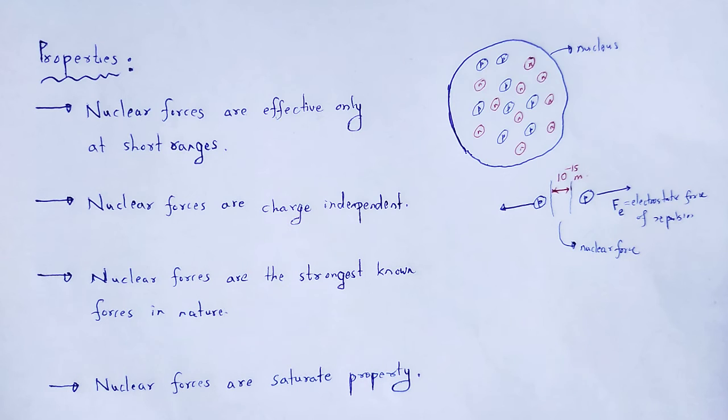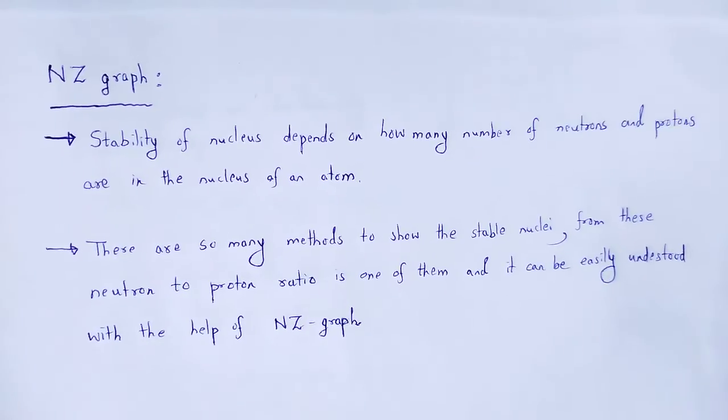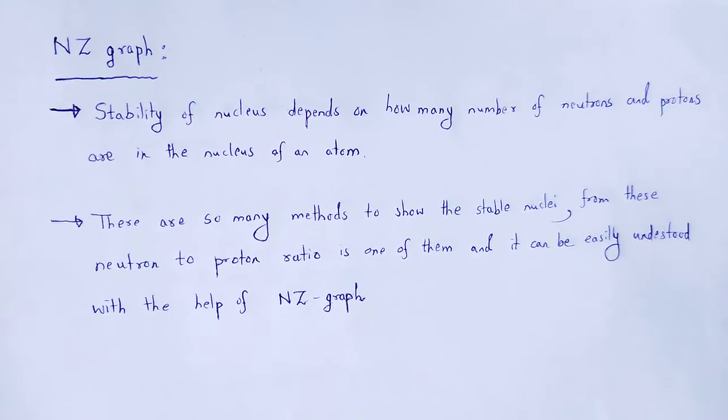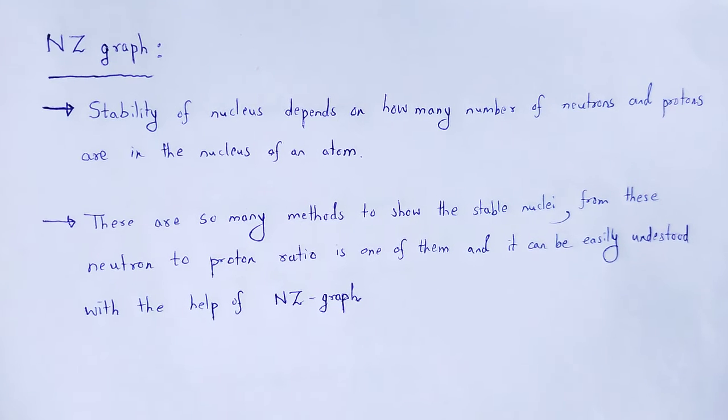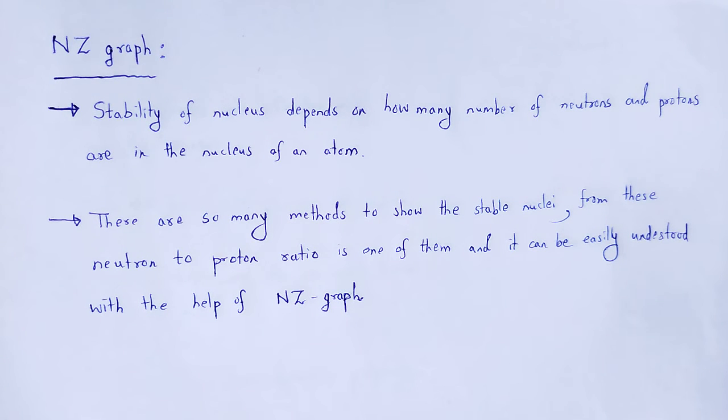Next, the NZ graph. N stands for the number of neutrons and Z, that is the atomic number, which is the number of protons.